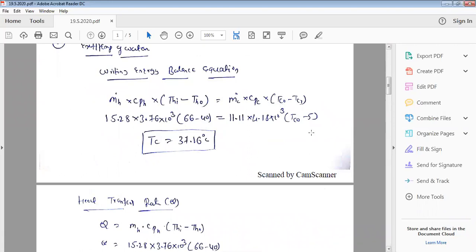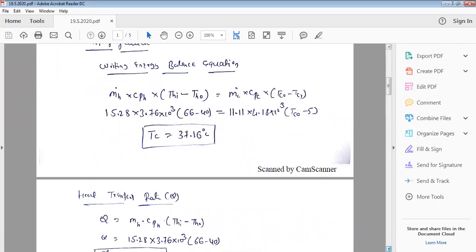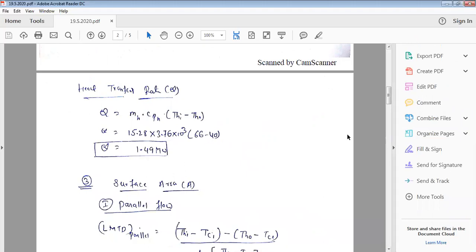Now see, the answer to this question is, in this entire system the hot fluid is going to give away the heat. Got it? That is the amount of heat taken by the cold fluid. In the sense, heat liberated by the hot fluid. Heat is getting transferred from the hot fluid and gained by the cold fluid. That's why, in calculating the heat transfer rate, we will take the hot fluid.